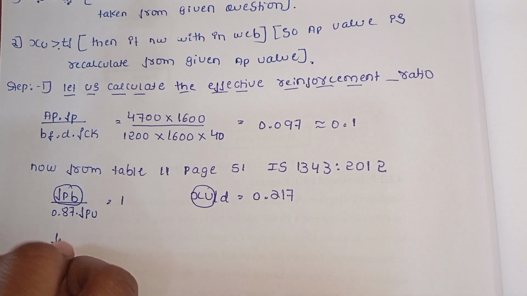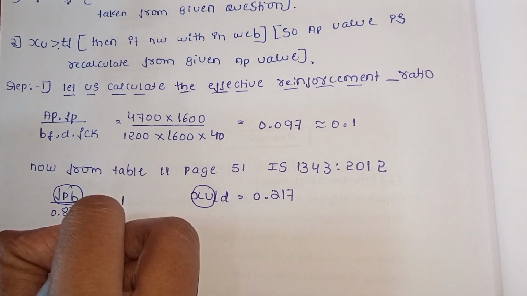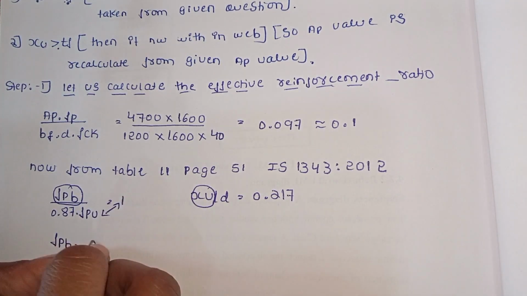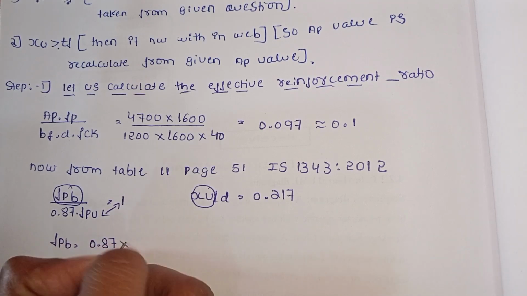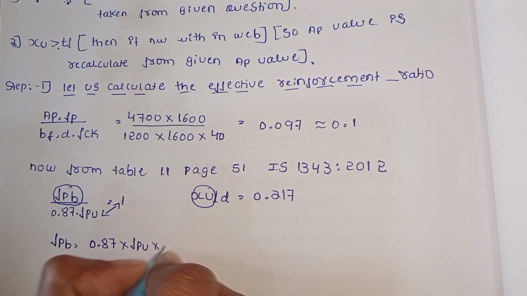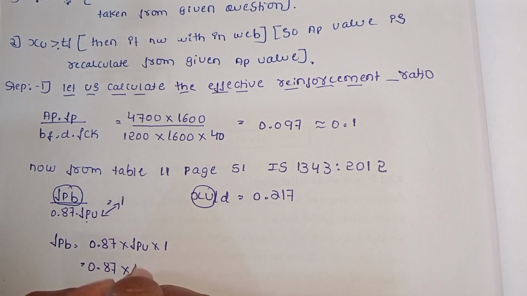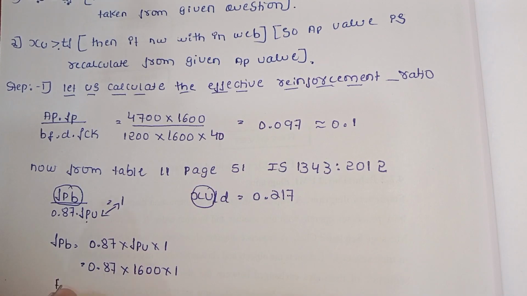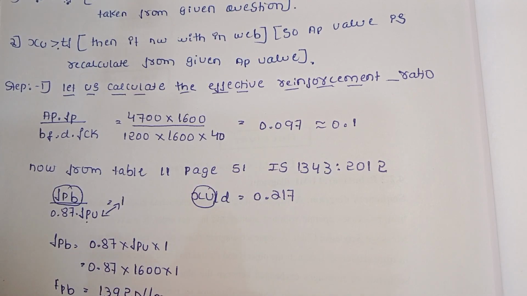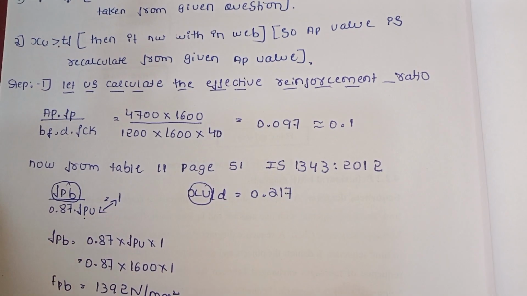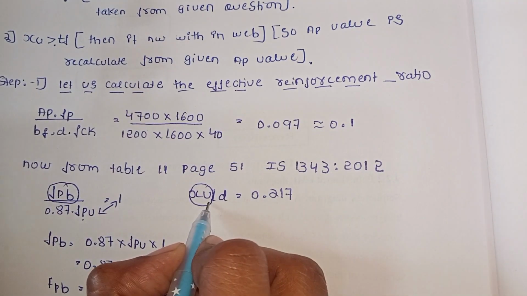Okay, now we want FPB value and XU value. FPB equal to, cross multiplication, 0.87 into FPU into 1. 0.87 into FP value given in the question, 1600, into 1. Now we got FPB value as 1392 Newton per mm square. Now we want XU value.